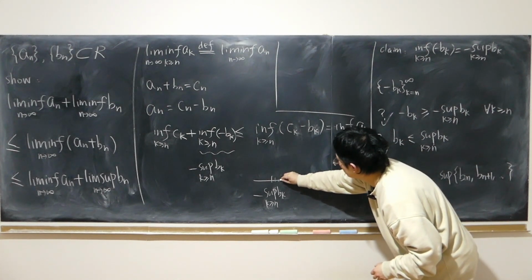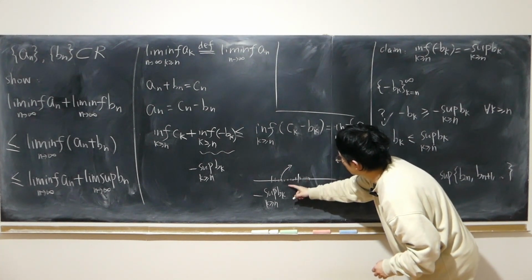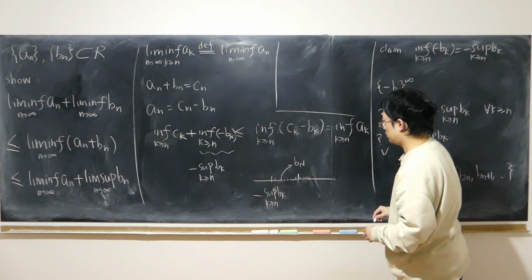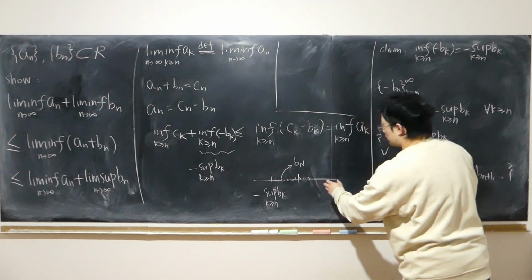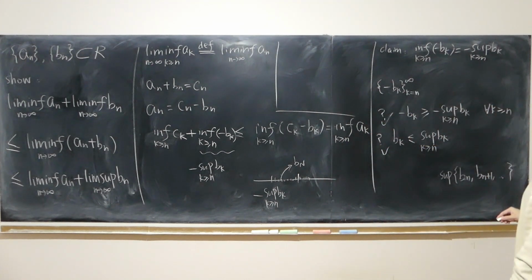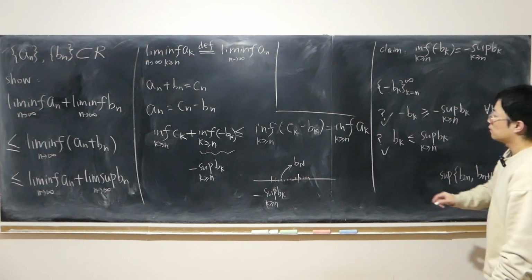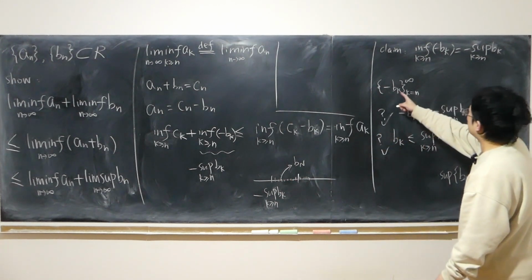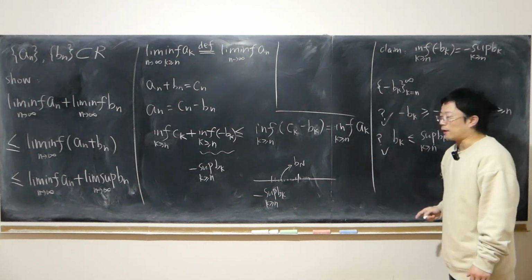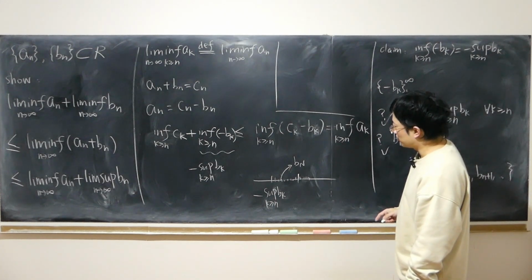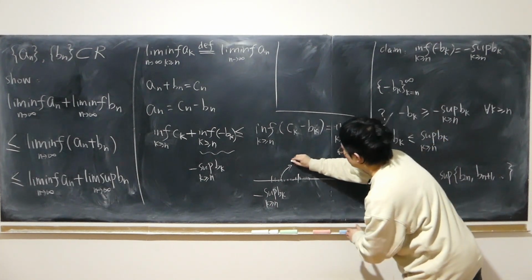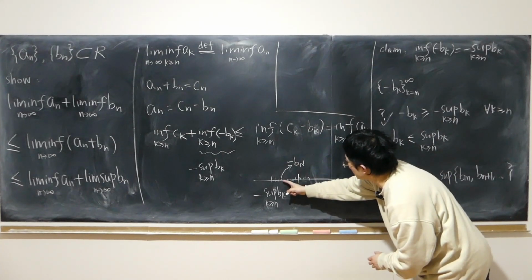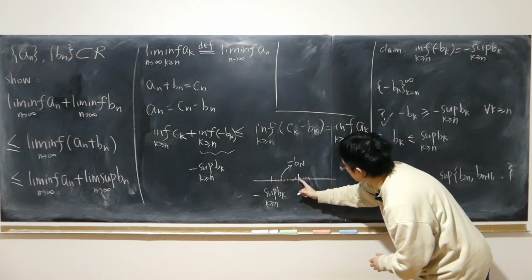Is there an element in here? No. These elements are from not here, but from here, including the negative sign. Almost forgot. So, is there an element in here, negative Bn, that's lower than this?